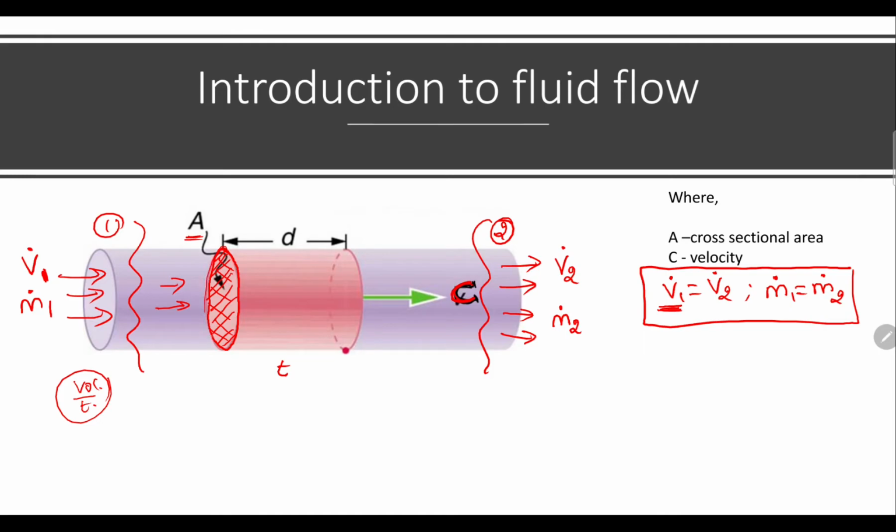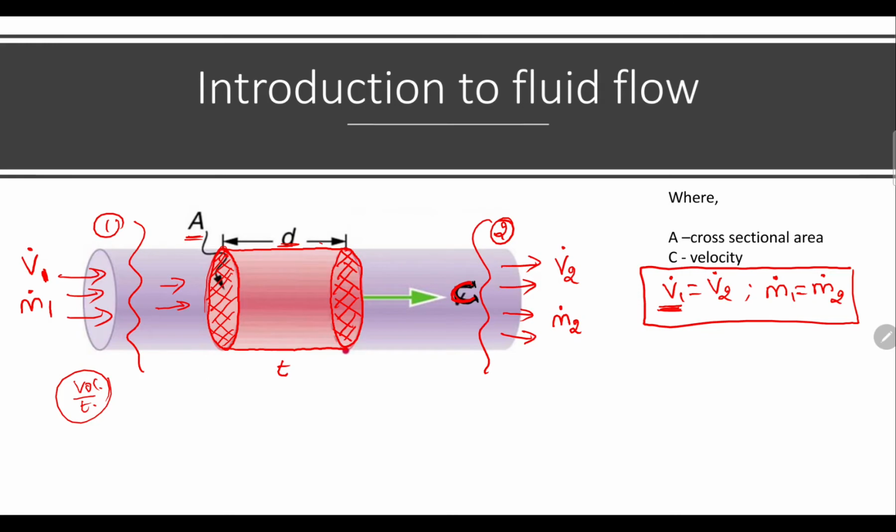Initially that cross sectional area is here, but in t seconds, let's say in 1 second, it has displaced by a distance d, and it is actually here now. Now if you think of it, this is a cylinder. Do you see? This is actually a cylinder.